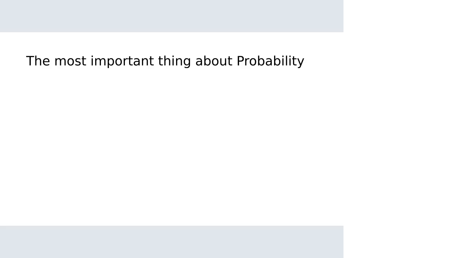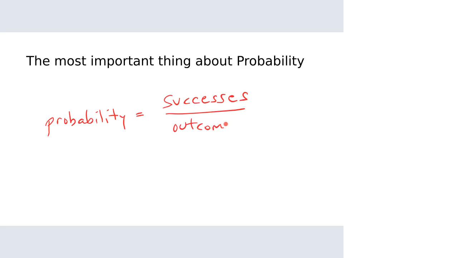The most important thing about probability, and you'll see there's a whole page dedicated to this because this is the most important thing about probability: probability is equal to successes over outcomes.